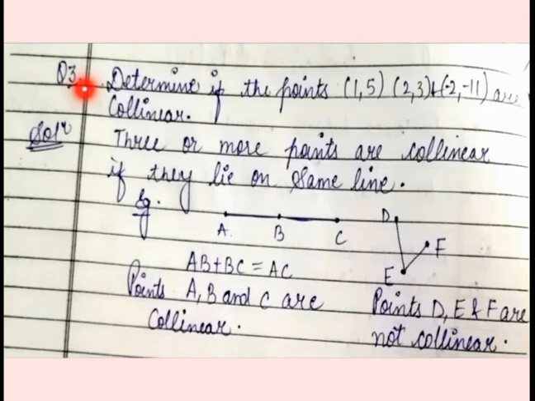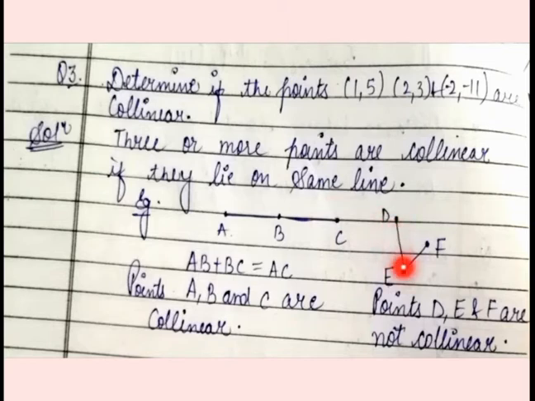Number 3: determine if the points (1, 5), (2, 3) and (minus 2, minus 11) are collinear. You have to check whether these points are collinear or not. We know points are collinear if they are on the same line. Look at this figure, A, B and C. These 3 points are on the same line, so A, B and C are collinear points.